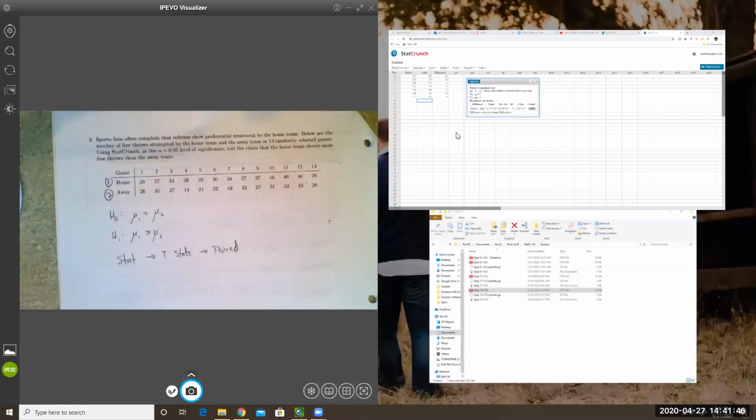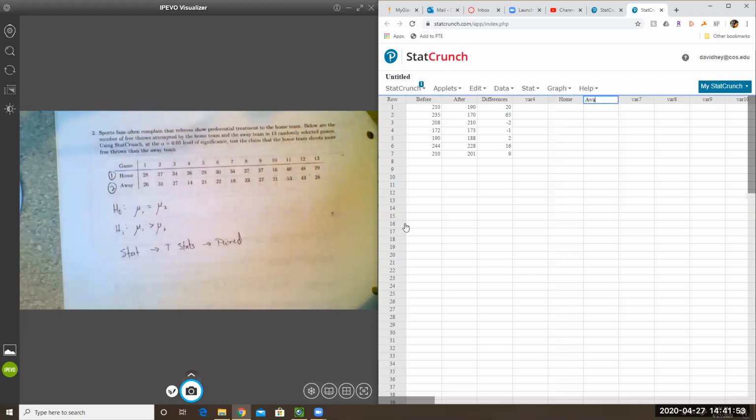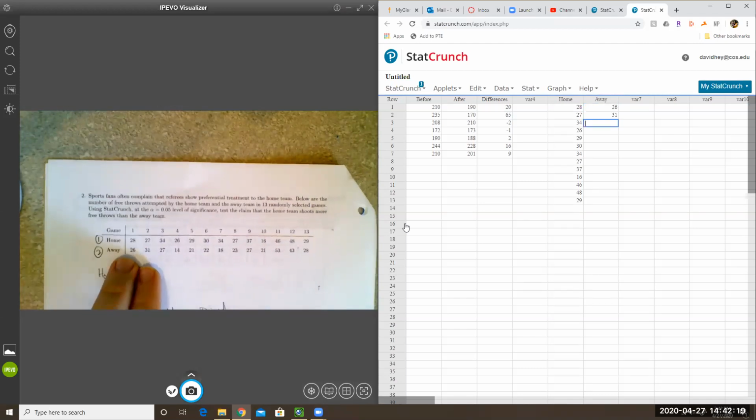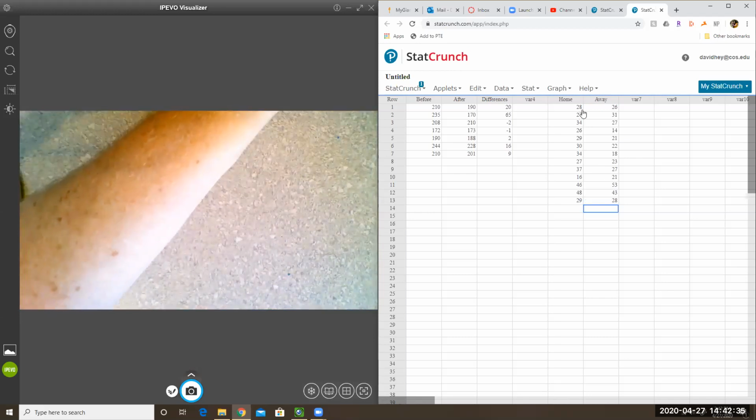Okay, you enter the data. Okay, and I'm going to double check, make sure that I got all the data in correctly and that it's all matching up the way it should.